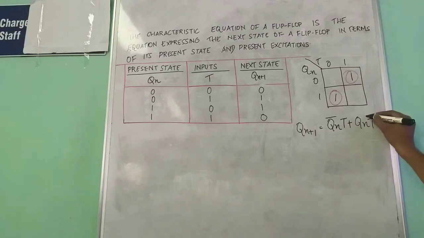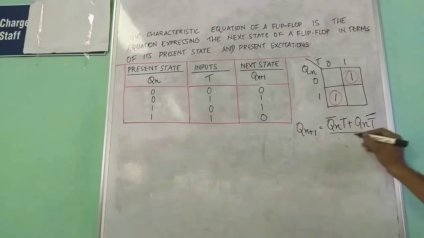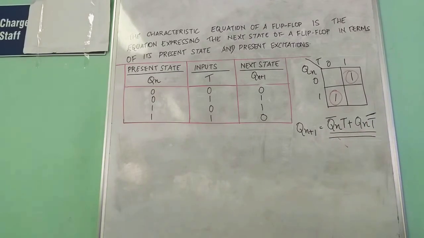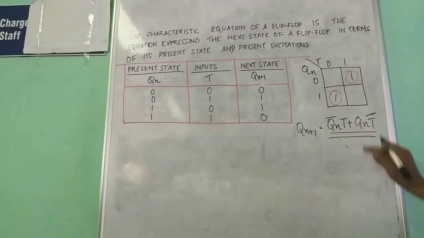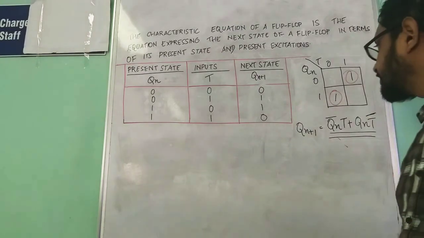This is T bar, okay? This is the answer. This is the characteristic equation of the T flip-flop. Okay, Qn bar T plus Qn T bar. Let's go through.